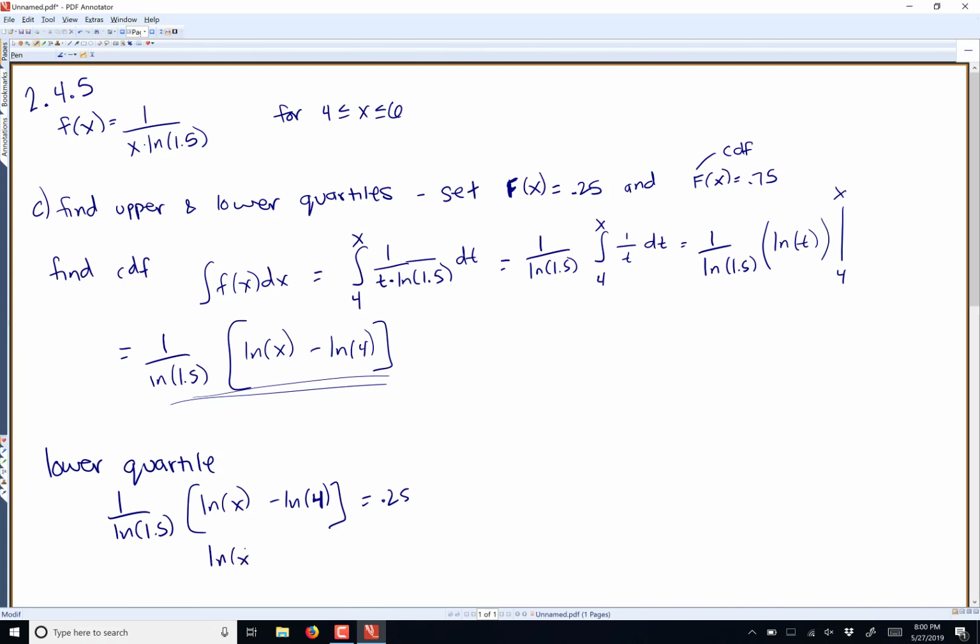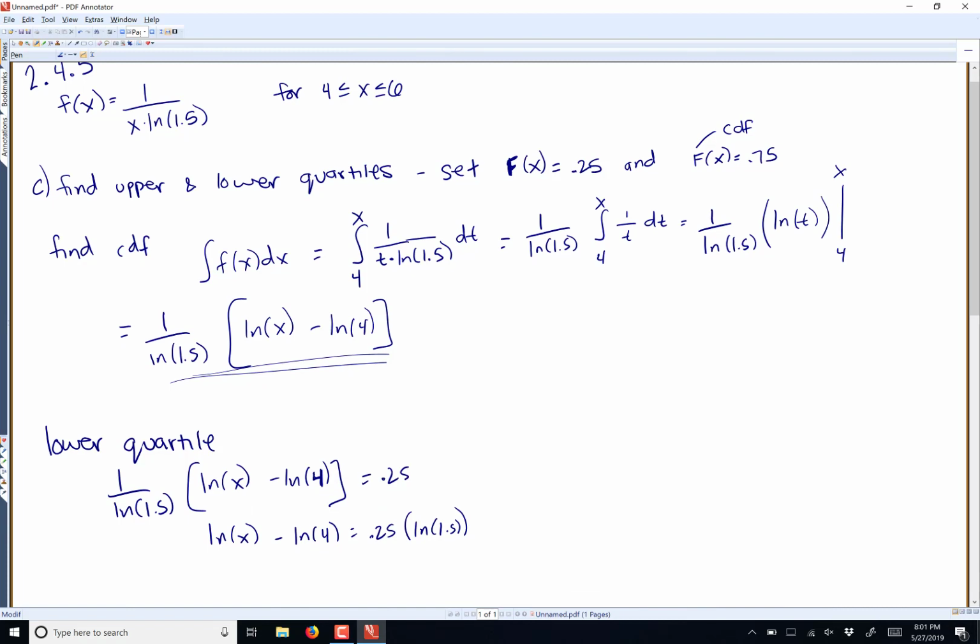So we'll get the natural log of x minus natural log of 4 equals 0.25 times natural log of 1.5. So natural log of x minus natural log of 4 equals 0.10136.